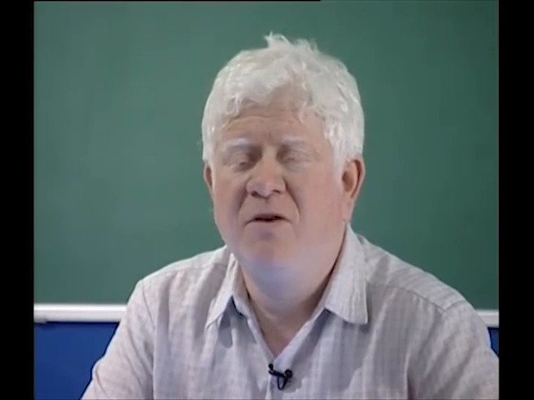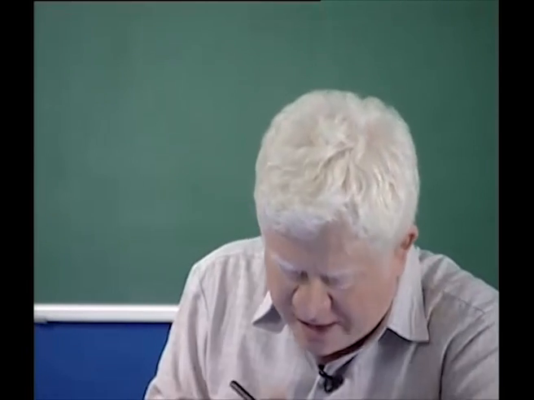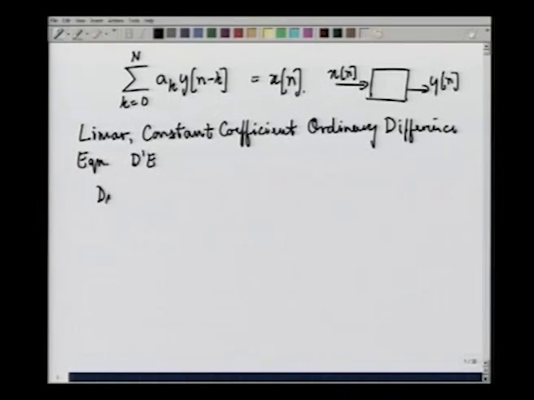If you recall, for the case of the differential equation, we did try to seek a function which was not affected by differentiation, and we found such a function. For the case of differentiation, we had an exponential as the invariant function.